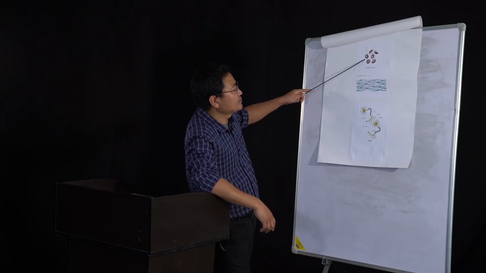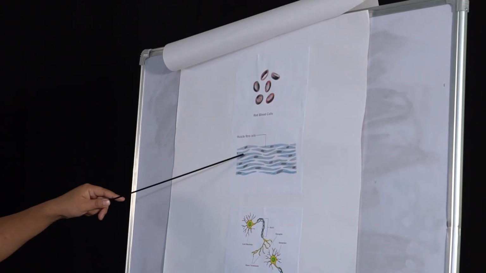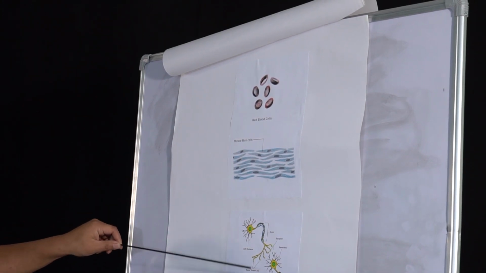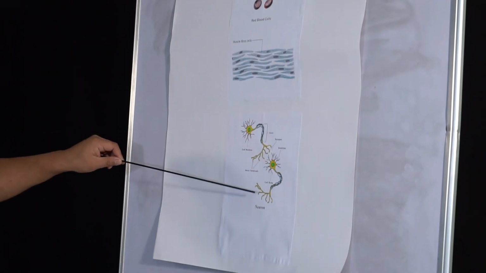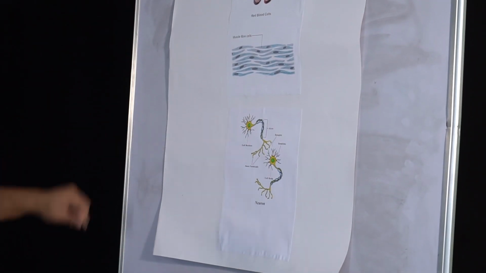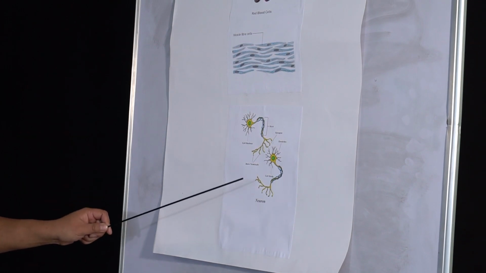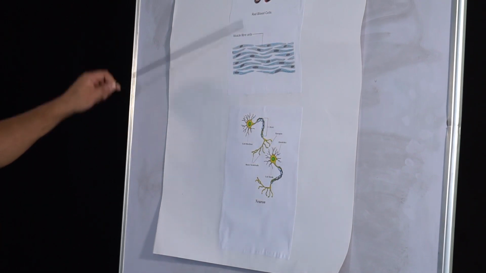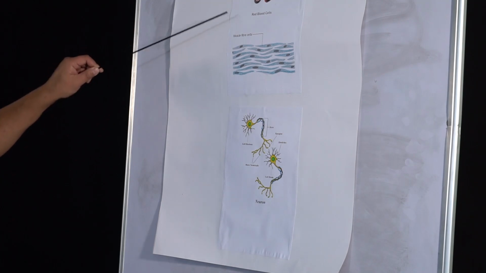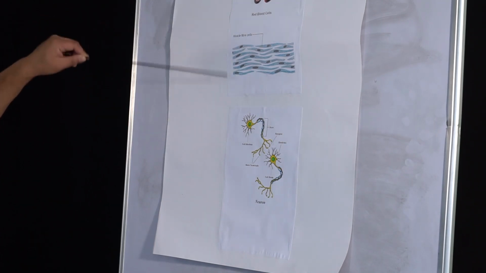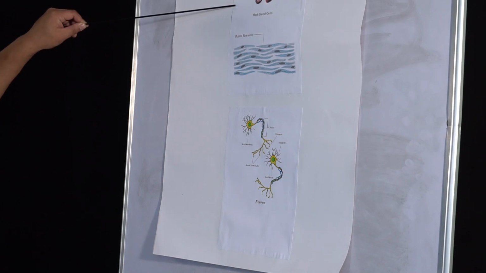Some are round, some are elongated, and these are a picture of two nerve cells, same nerve cells. So when we look at these cells, we find that their shapes are all different.